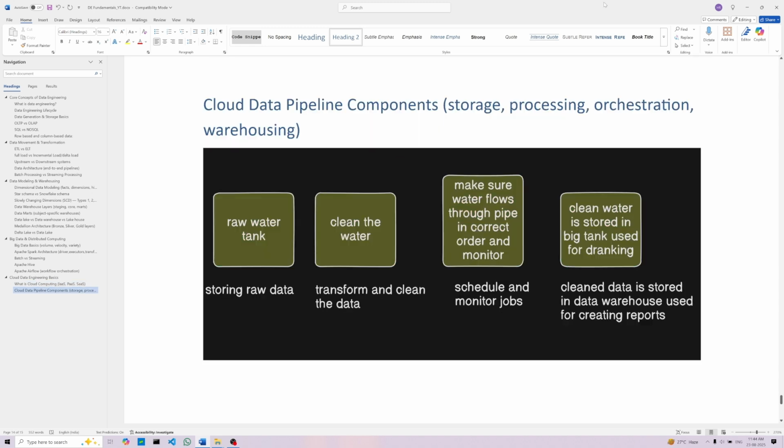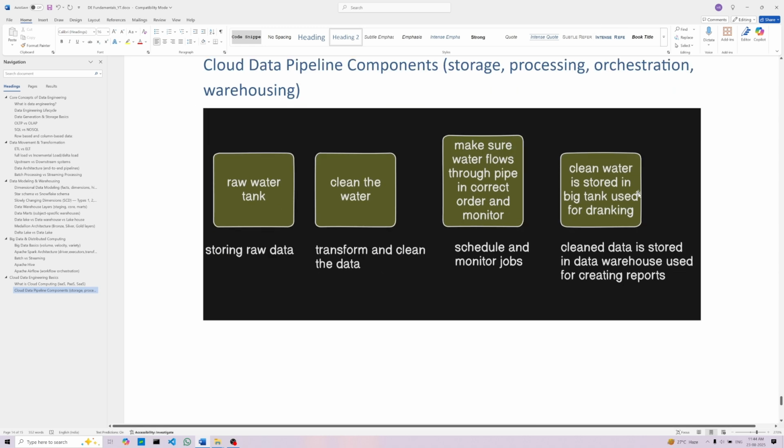Now next question is cloud data pipeline components, which are storage, processing, orchestration and warehousing. Again we have a good diagram for that. Let's take an example of a water pipeline which is supplying drinking water to cities.